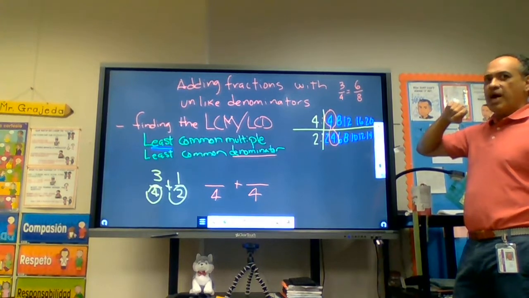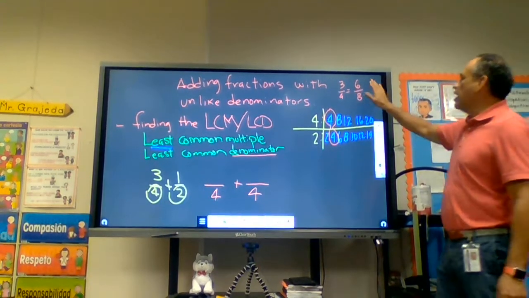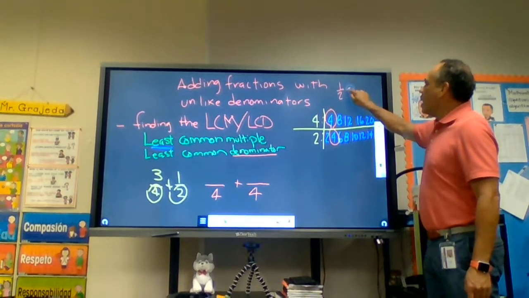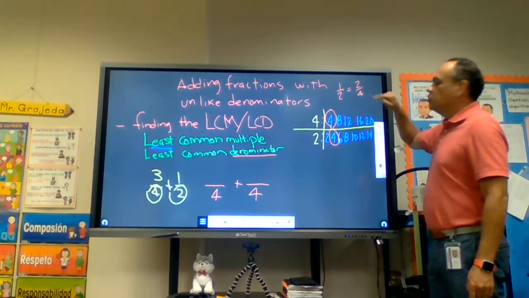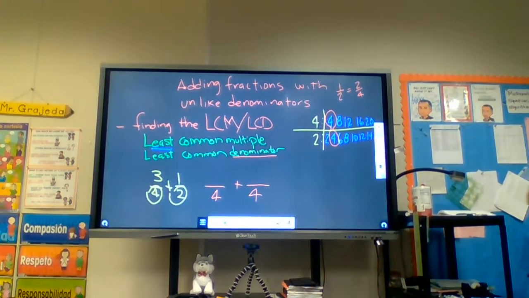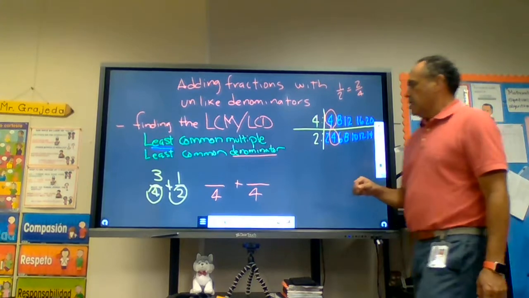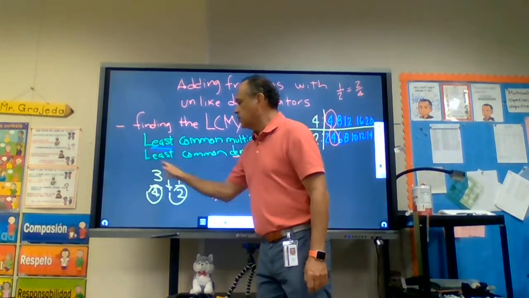This is 4th grade math, right? Let me give you the example that we had in the morning before. 1/2 is the same as 2/4, right? You remember that? Okay. So let's look at our first fraction over here.